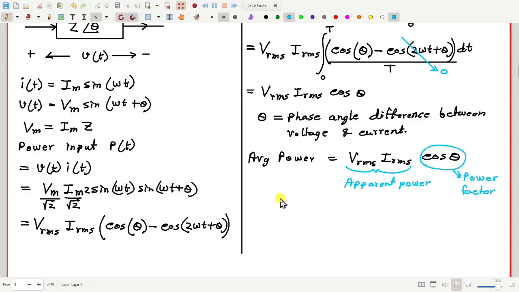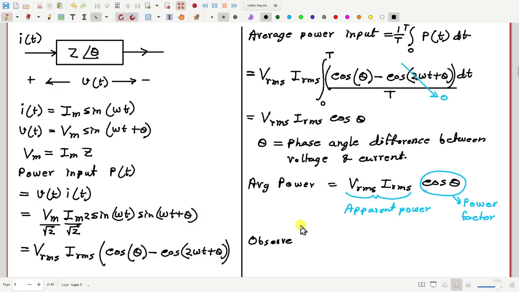Now observe for an inductor. If we have Z equal to j omega L, then how much is theta?